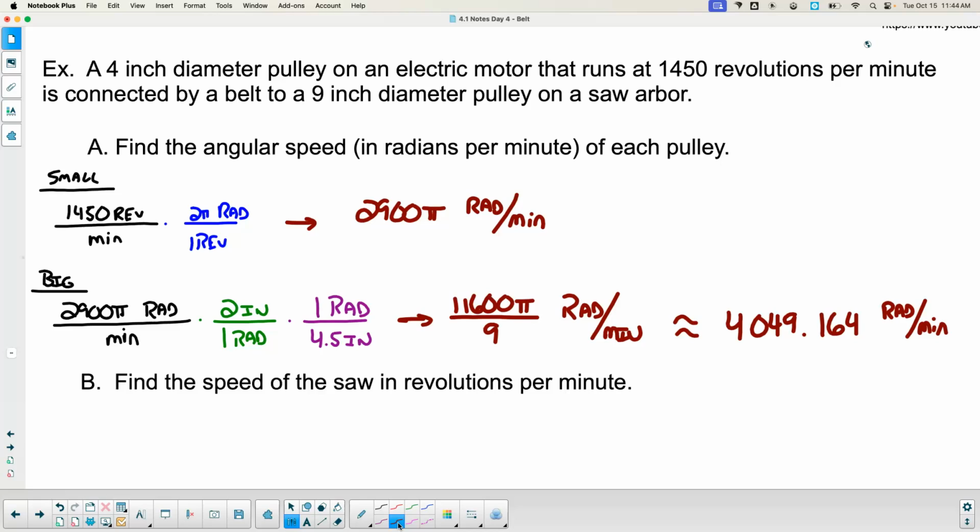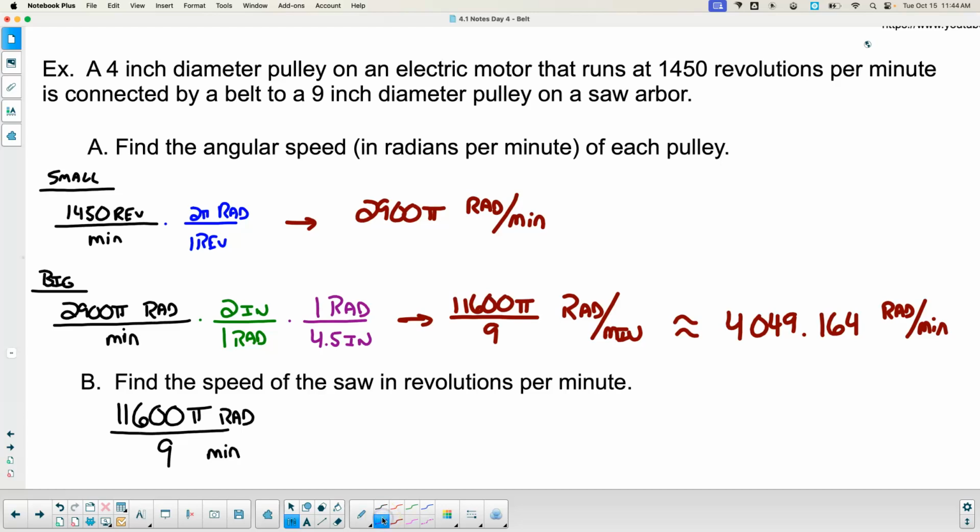Okay. Speed of the saw. So that's the end one, or the big wheel, in revolutions per minute. So we had it in radians per minute, and then we want it in revolutions per minute.